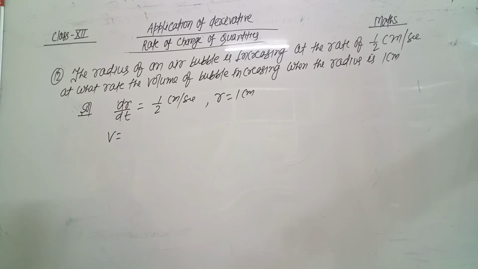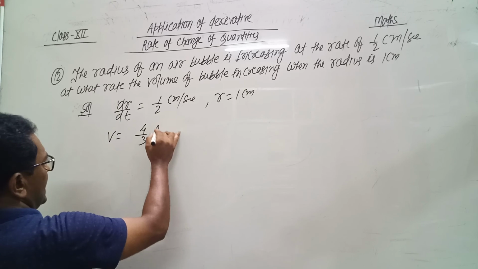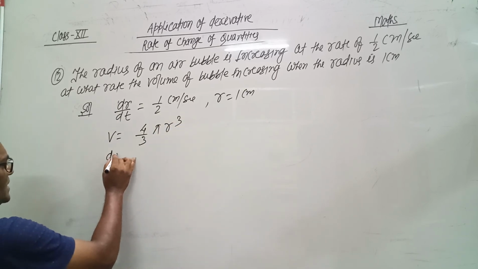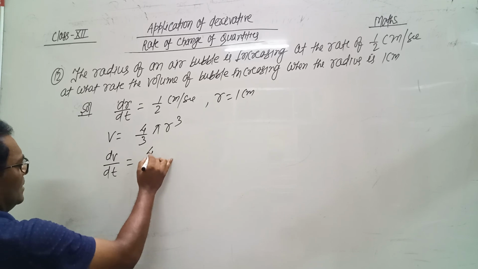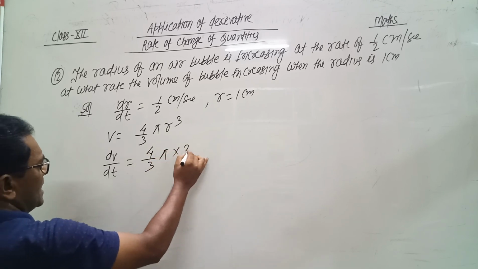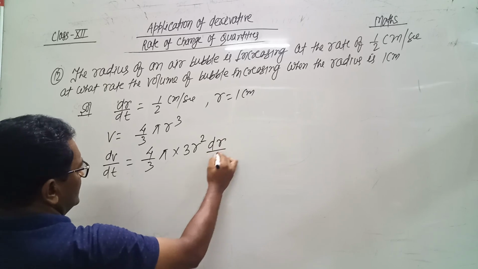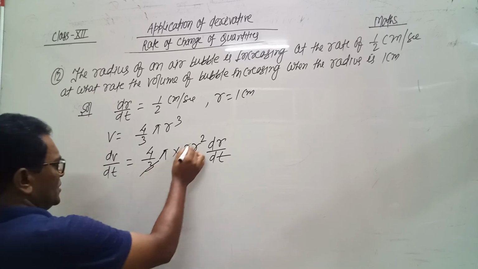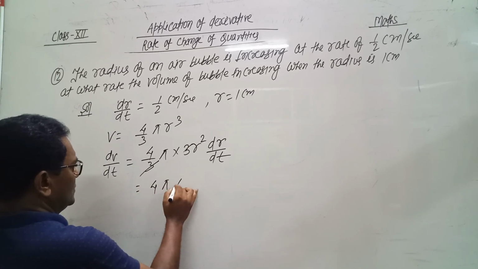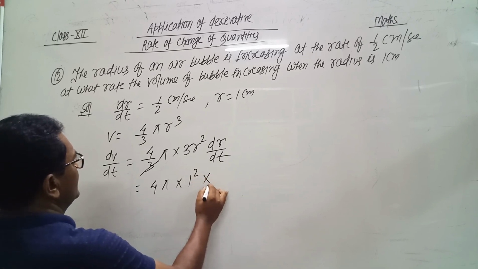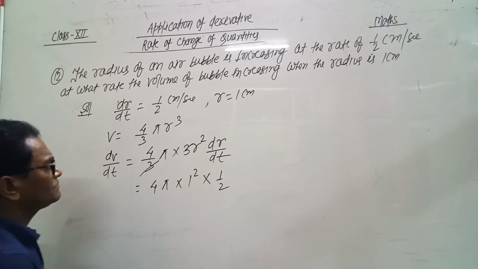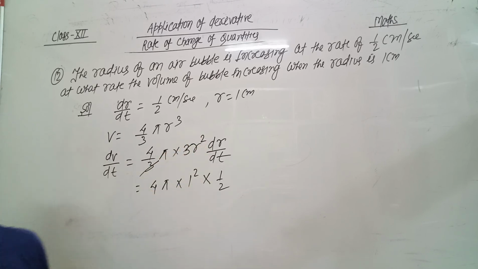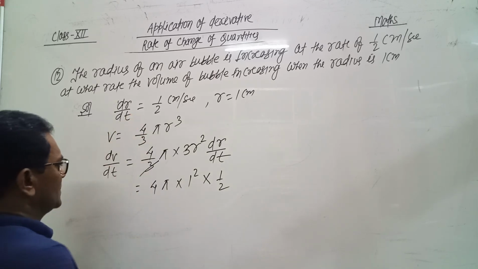So the volume of a sphere is 4 by 3 pi r cube. Differentiate with respect to time to get dv by dt. It is 4 by 3 pi, the differentiation of r cube is 3r square, and the differentiation of r with respect to time is dr by dt. So 3 cancels, and we get 4 pi into r square, which is 1 square, and dr by dt is 1 by 2.